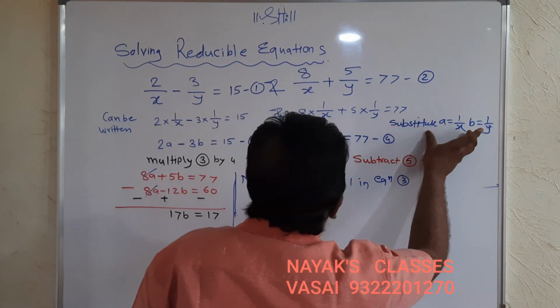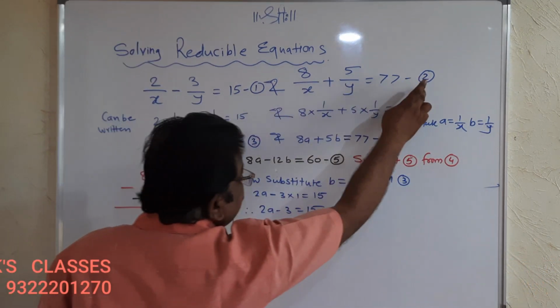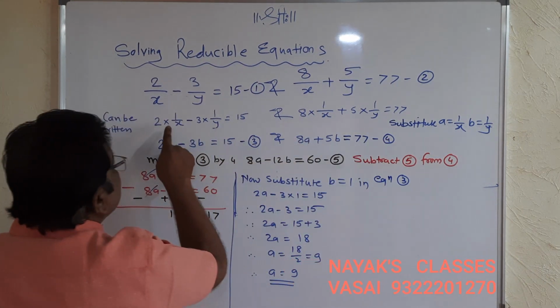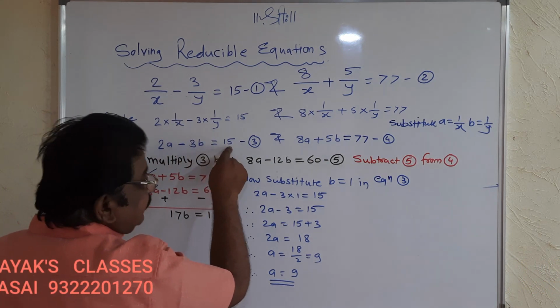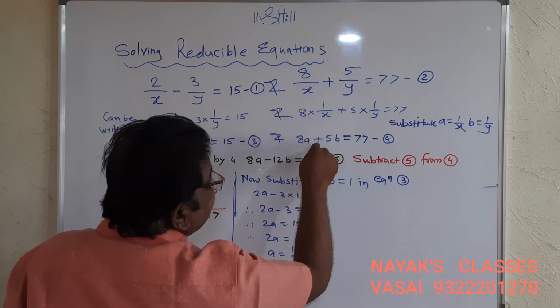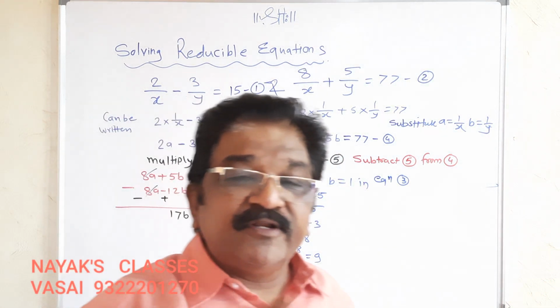After putting these values, equation 1 and equation 2 have become equation number 3 and equation number 4: 2a minus 3b is equal to 15, and 8a plus 5b is equal to 77. These are equation number 3 and 4.